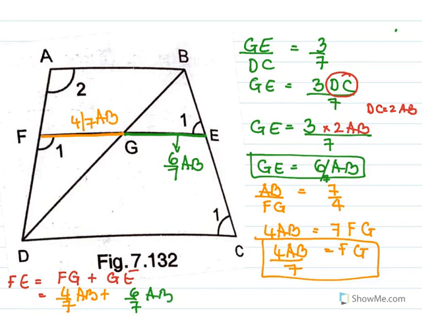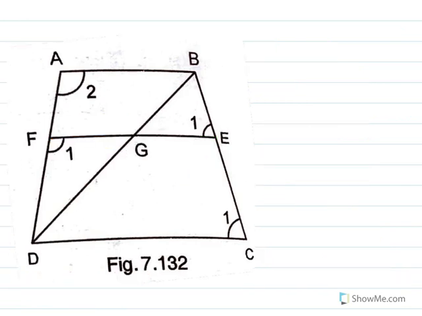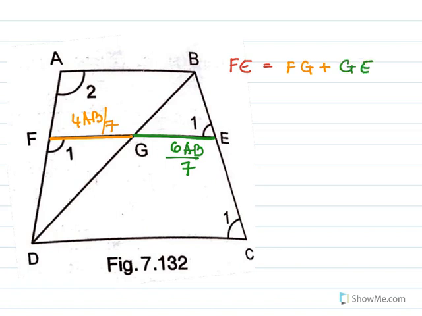So to go over it again, we got GE, we proved it is 6 AB over 7, and then we have FG, which was 4 AB over 7. So our FE equal to FG plus GE.